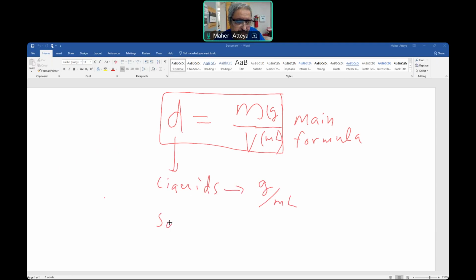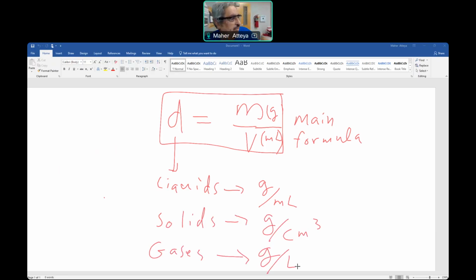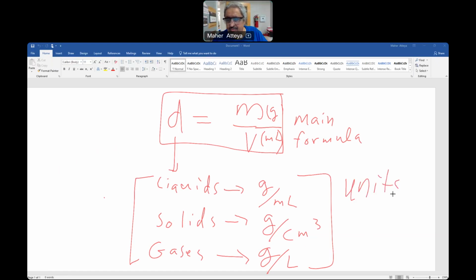If you have solids, what's really changing is your volume, centimeter cubed. If you have gases, then the mass is not changing, over liter. So liquids are gram per mL, solids are gram per centimeter cubed, and gases gram per liter. Those are the units. Guys, those are the units.